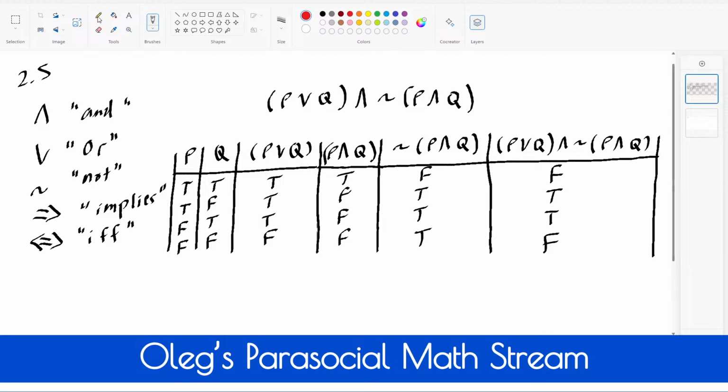All right, let's continue on. This truth table tells us that P or Q and not P and Q is true precisely when one, but not both, of P and Q is true, so it has the meaning we intended. Notice that the middle three columns of our truth table are just helper columns and are not necessary parts of the table.